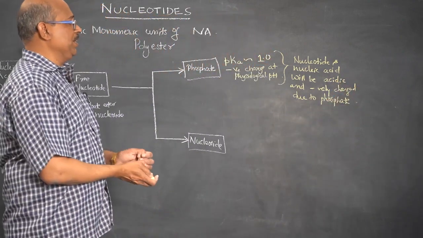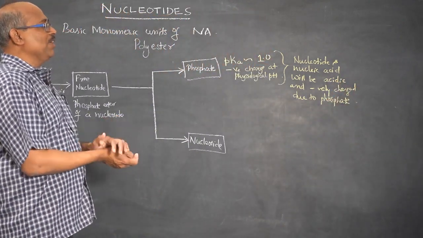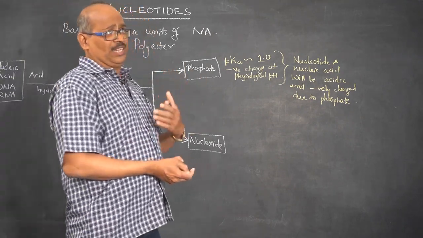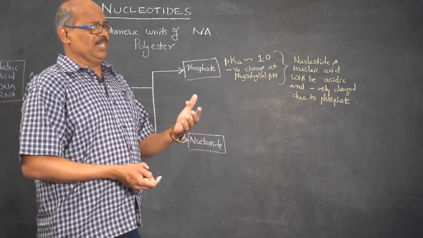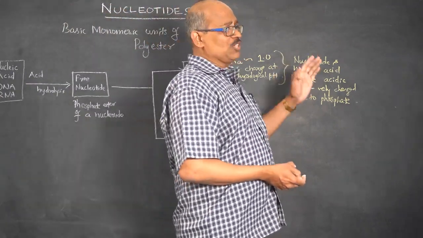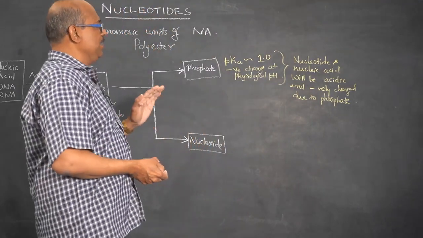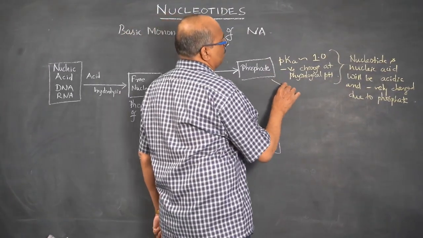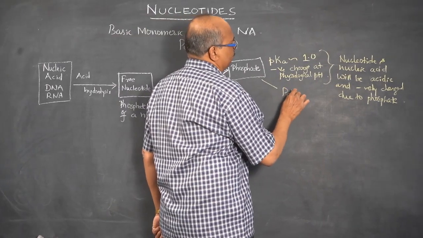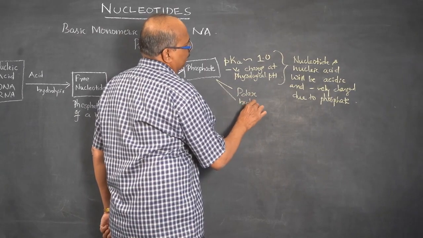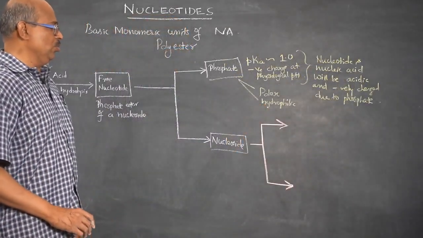So it is phosphate that's responsible for the acidic nature of the nucleotides and nucleic acid. It is the phosphate that is responsible for the negative charge associated with the nucleotides and nucleic acids. Phosphate is polar, it is hydrophilic.